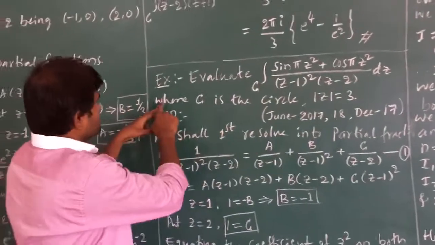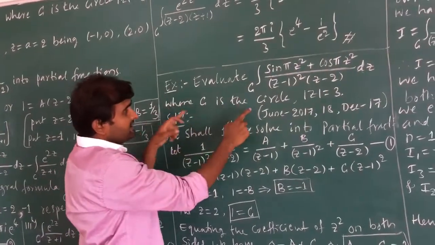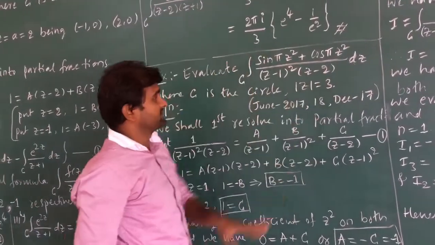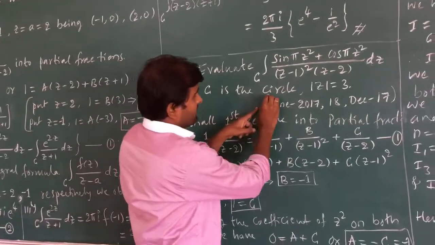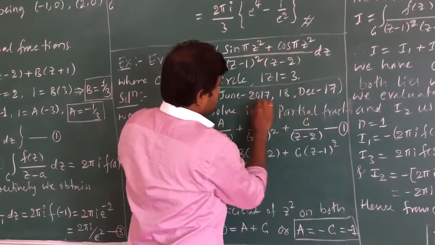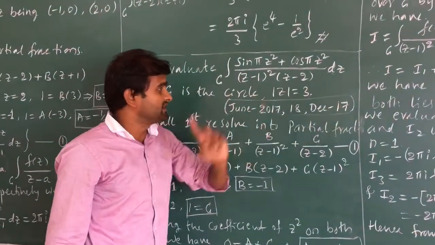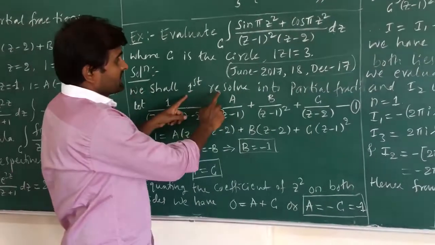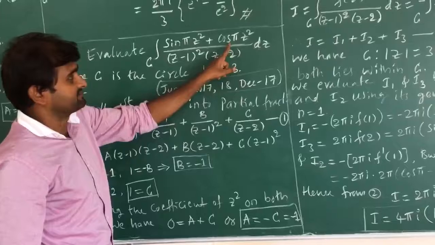So evaluate this integral where c is the circle, the same as before, modulus of z equal to 3. This example is also very important because they asked it 3 times: June 2017, 2018, and December 2017. We shall first resolve this term by partial fractions.